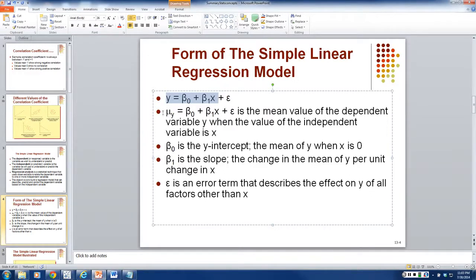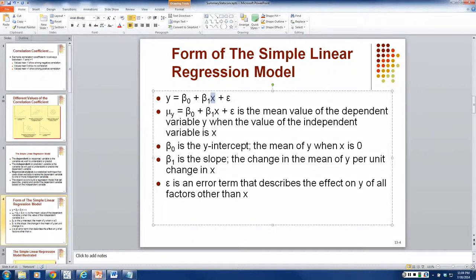So y equal to beta 0 plus beta 1 x, and what does it mean? Beta 0 is called the intercept, the y-intercept, which is the mean of y when x is 0. If I put x as 0 here, then beta 1 times 0 is 0. Ignoring the error term, y equals beta 0, and that's the y-intercept.